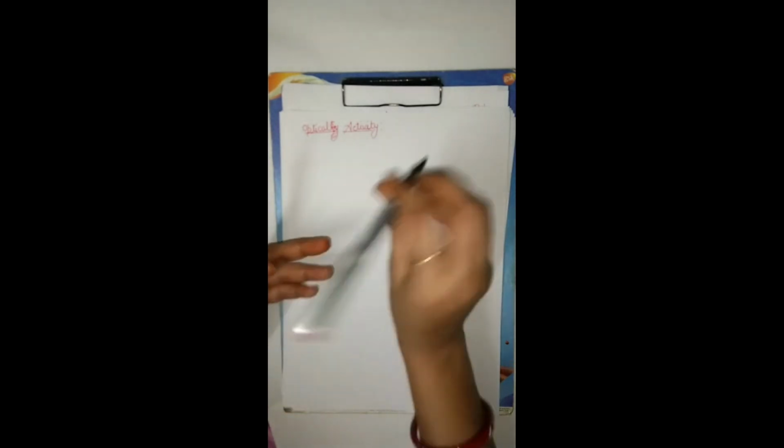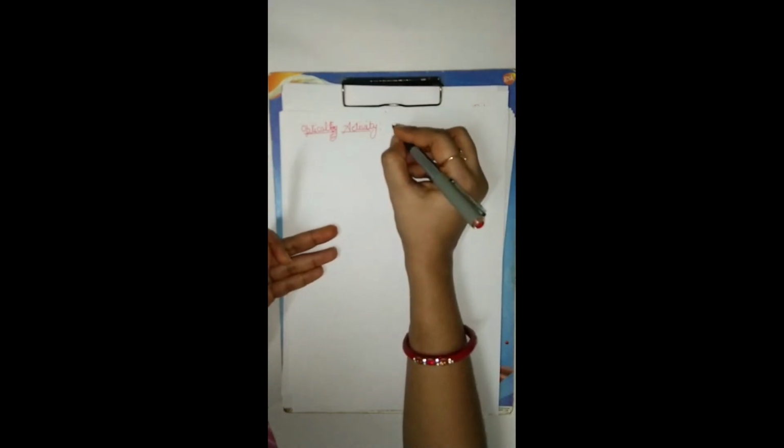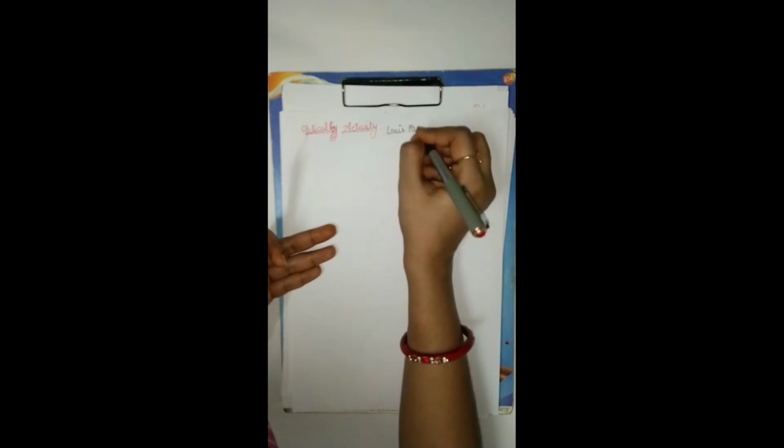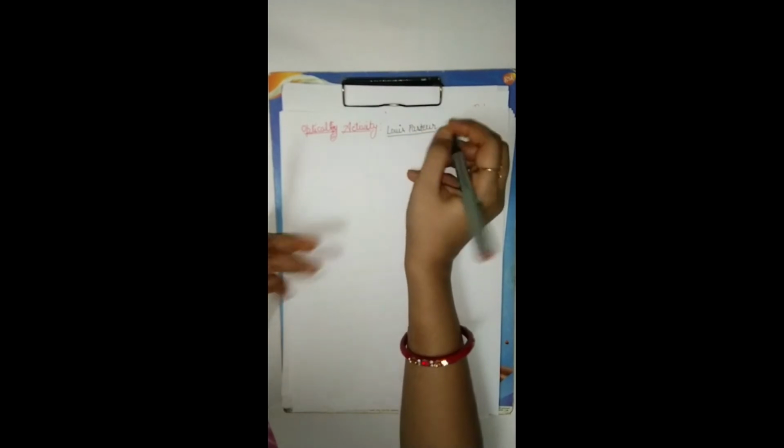This optical activity was discovered by a chemist, Louis Pasteur. He observed that when a concentrated solution of sodium ammonium tartrate was allowed to crystallize, two types of crystal separate out.